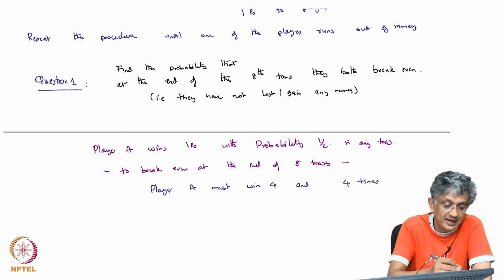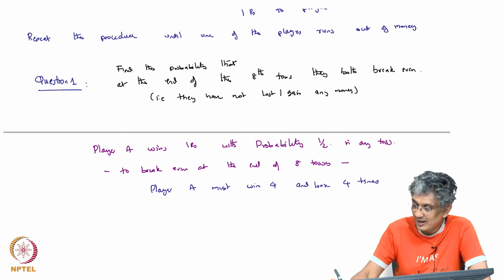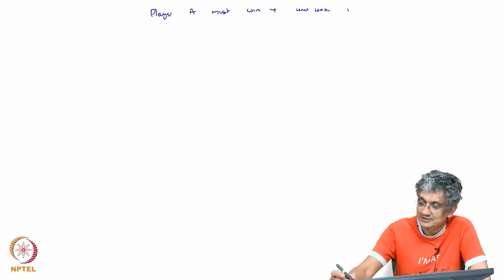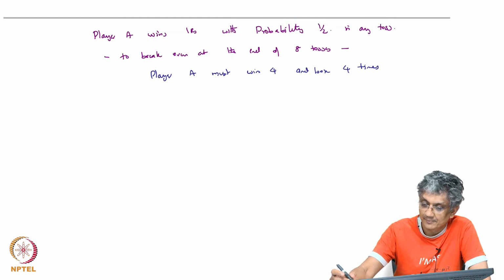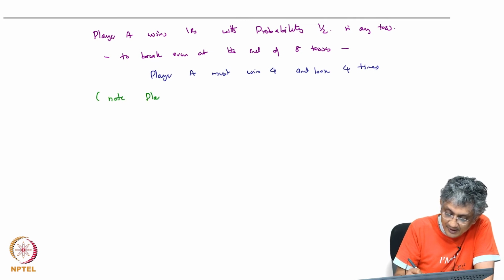That's the only way player A can break even. And similarly player B. Note that player B will also break even if this happens.